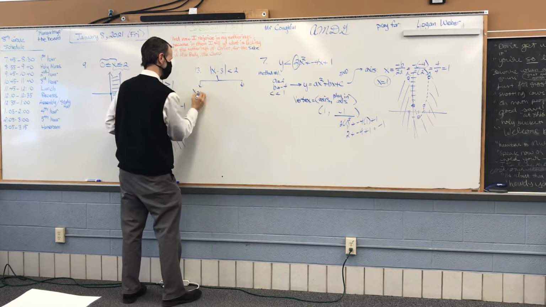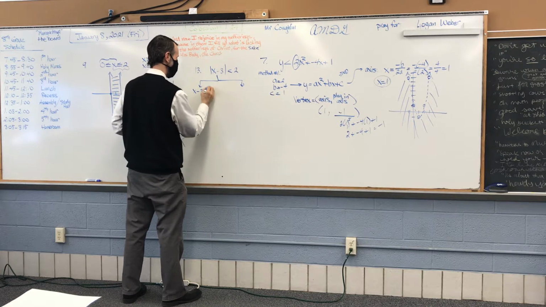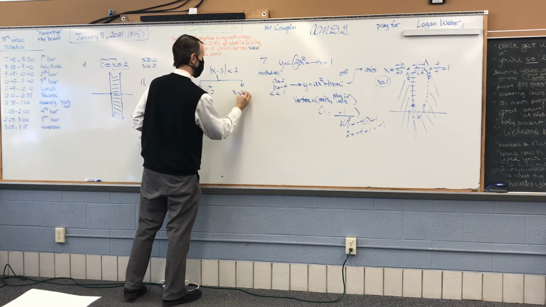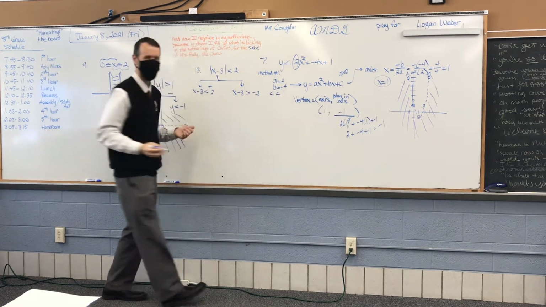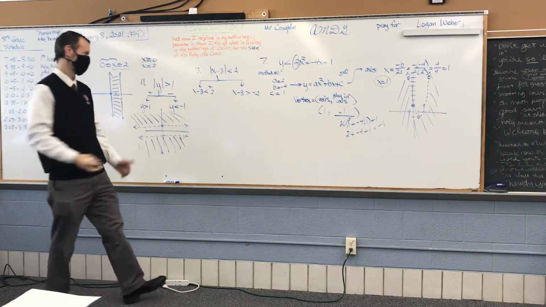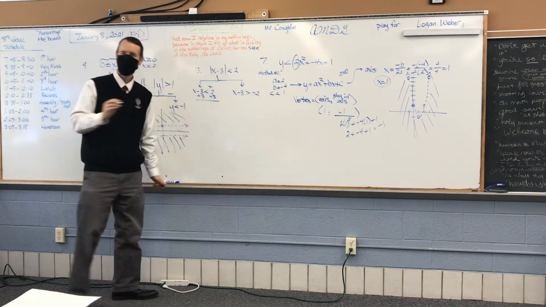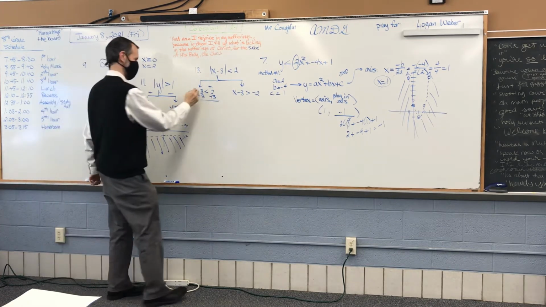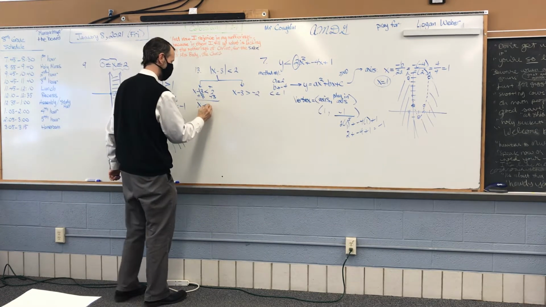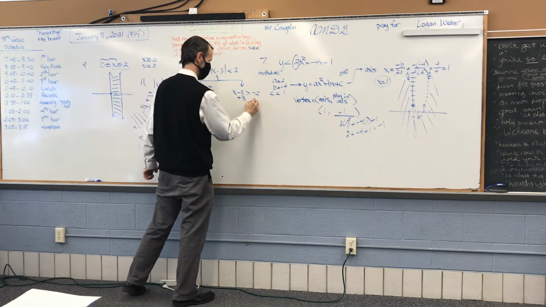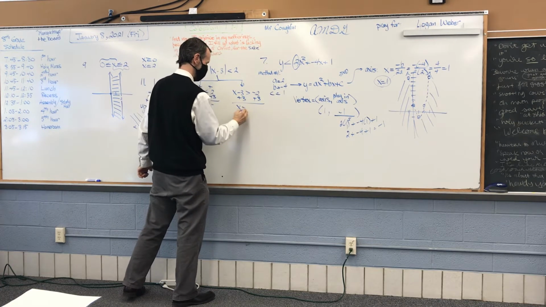We've got x minus 3 is less than positive 2, and x minus 3 is greater than negative 2. That's how you split. So get x by itself. By the way, when you add 3, it does not flip the sign. x is less than 5. And the other one, if you add 3, x is greater than 1.